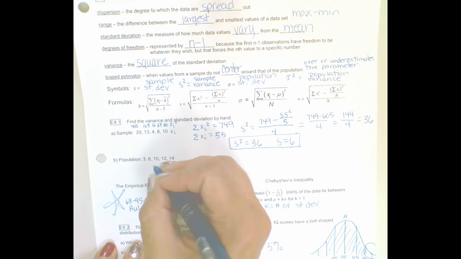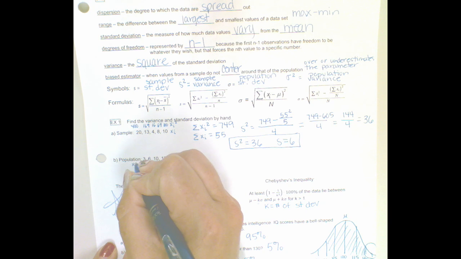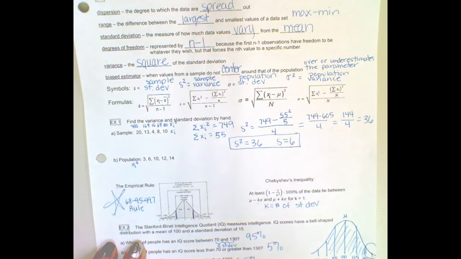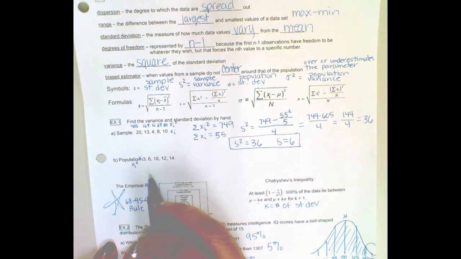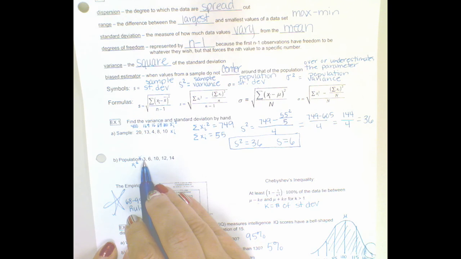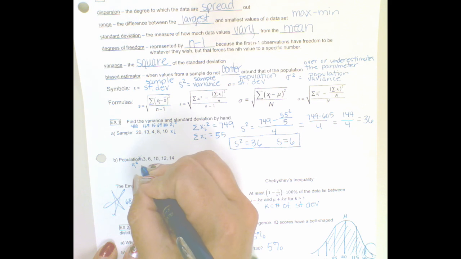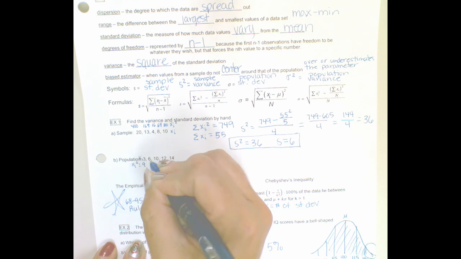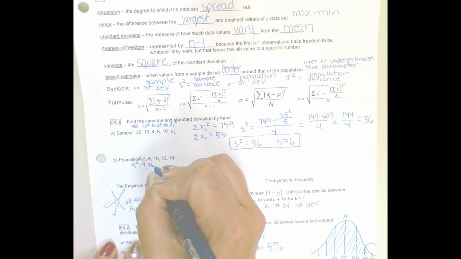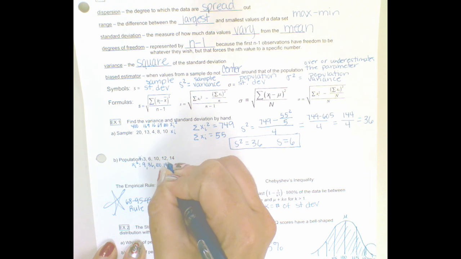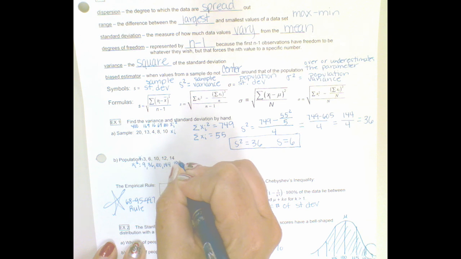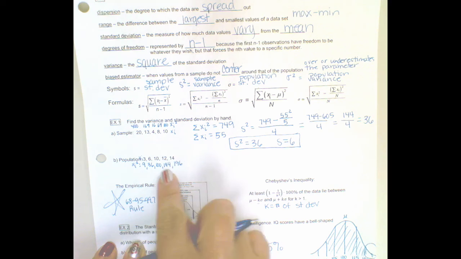So the first thing I'm going to do is list the xi squareds, and then I'm going to do the sum. So if my first value is 3, that means the first squared value is 9. Then here that gives me 36. This gives me 100, 144, 196. So I've got all my squareds.